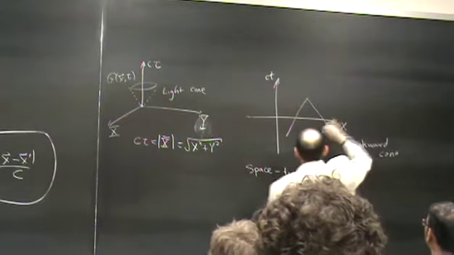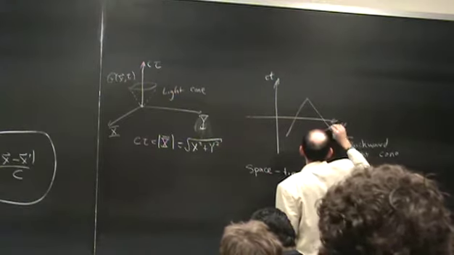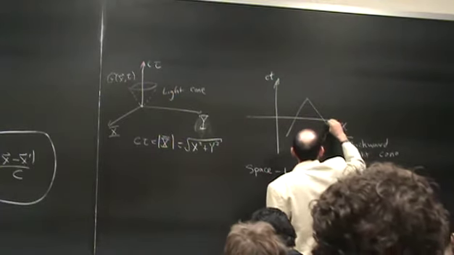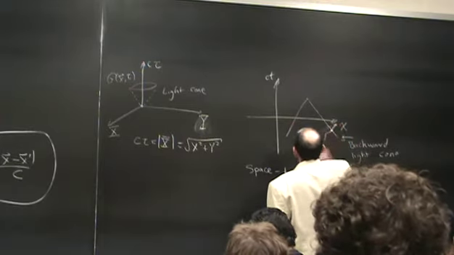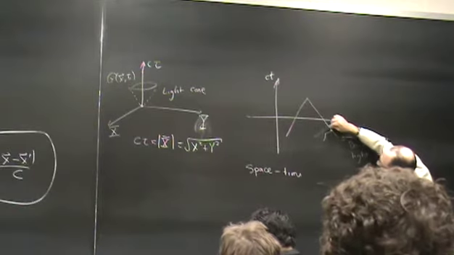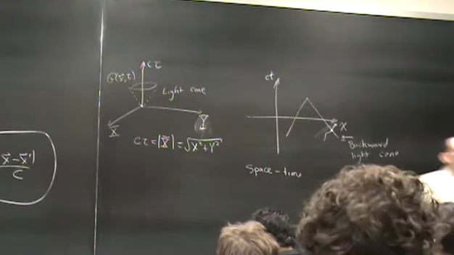So if there is some charge moving around here, then when it crosses my backward light cone, that is a sphere, if it emits a wave, that can contribute to what I see right here.